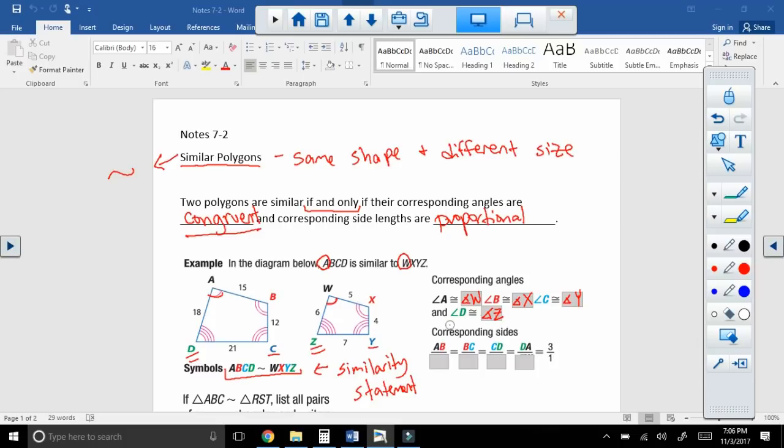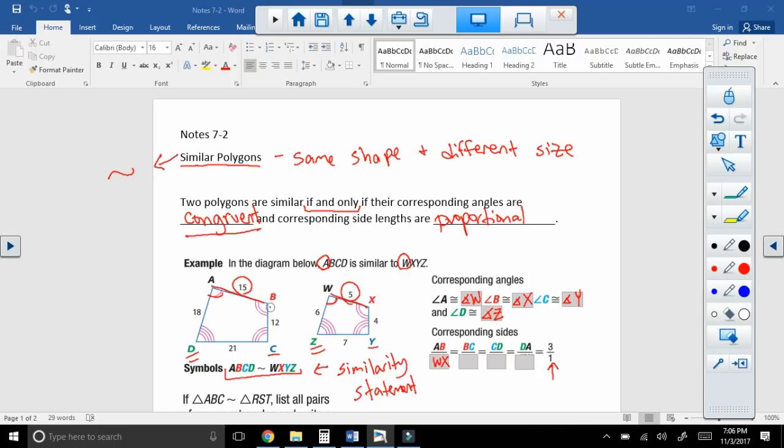Their corresponding sides are not the same length, but the corresponding sides are all proportional, or we can say that they have the same ratio. If you look here, AB corresponds with WX, and if you find that ratio, 15 to 5, that simplifies to 3 to 1.